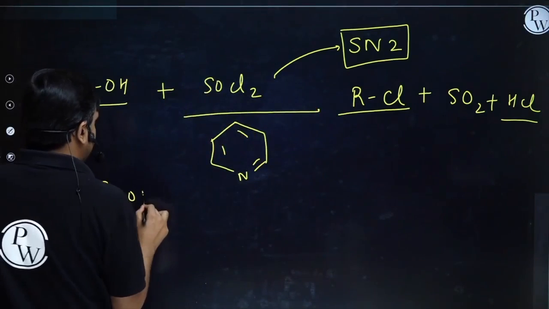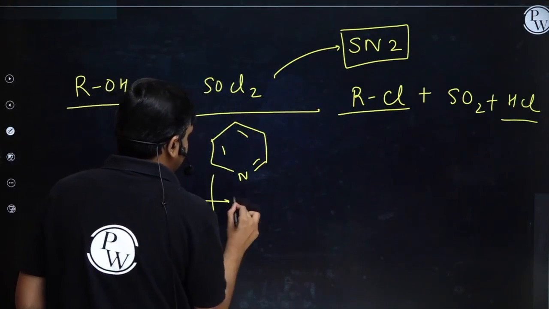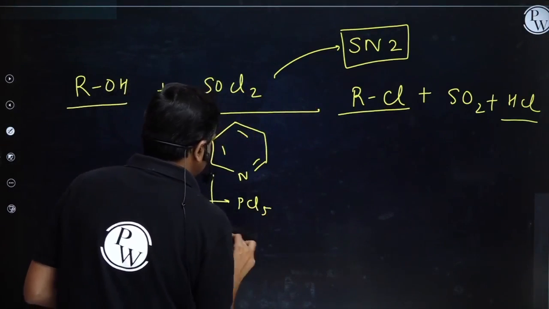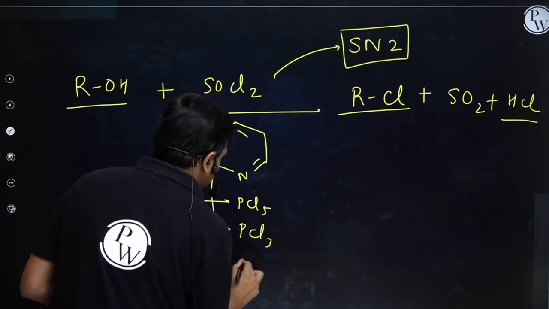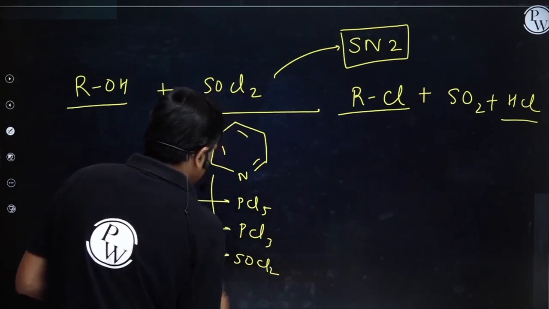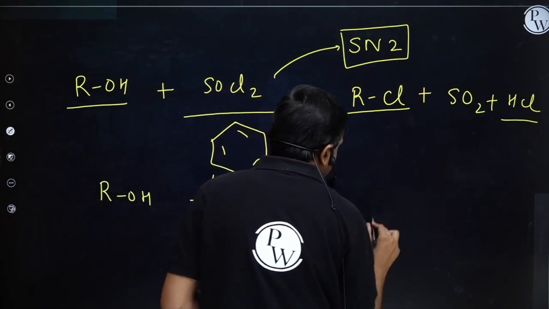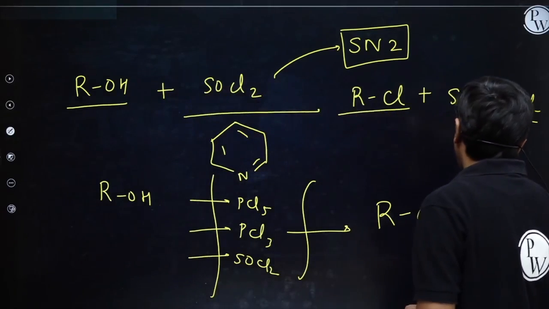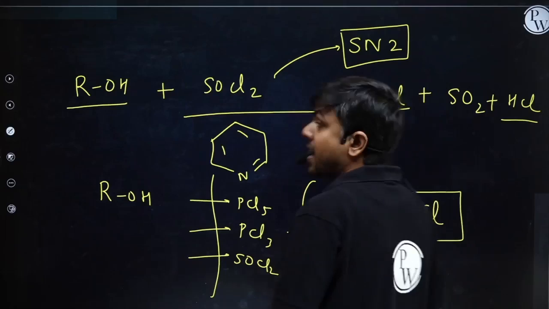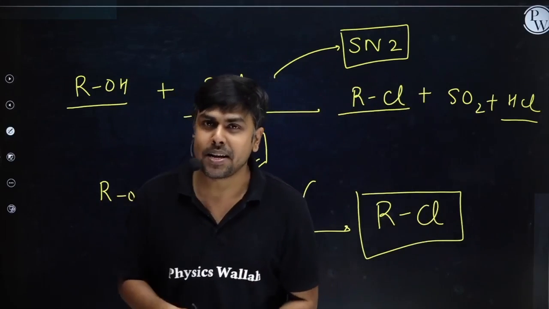Alcohol treated with PCl5, PCl3, SOCl2. In all these cases, the product which we get is alkyl chloride. Am I clear?